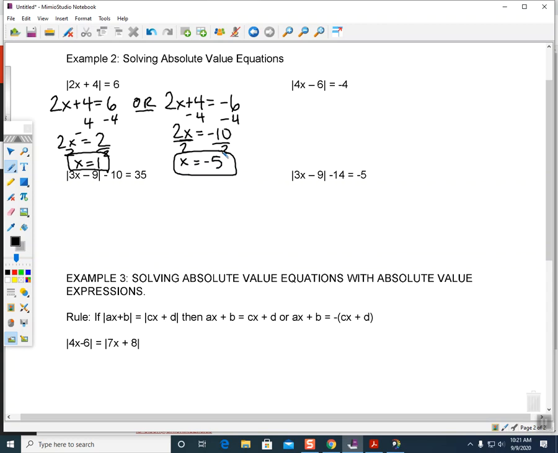Here is what I'm going to say to you about these equations now, or about your solutions. This is still an or.